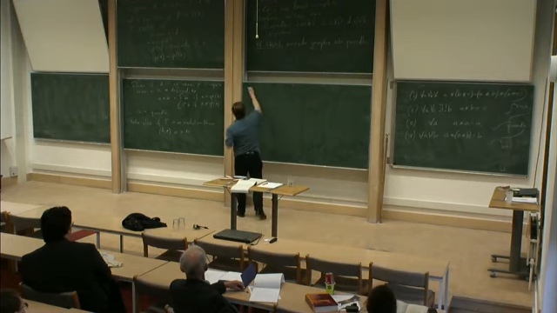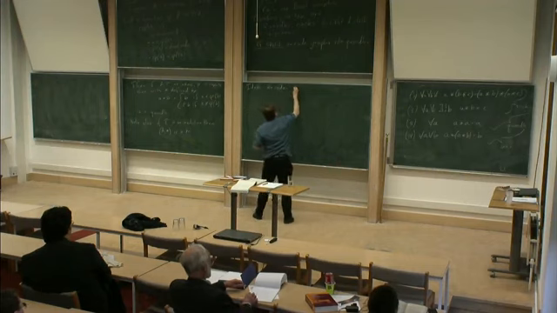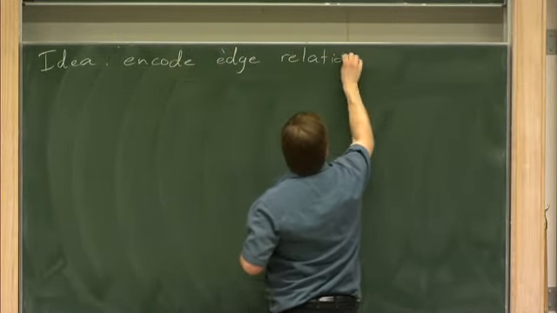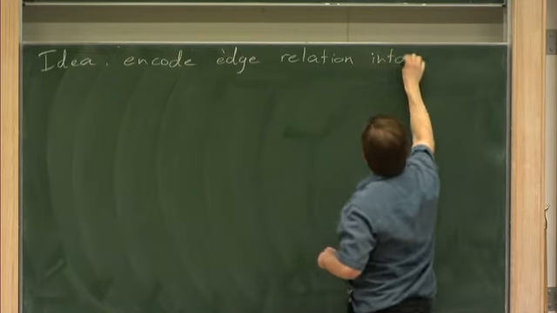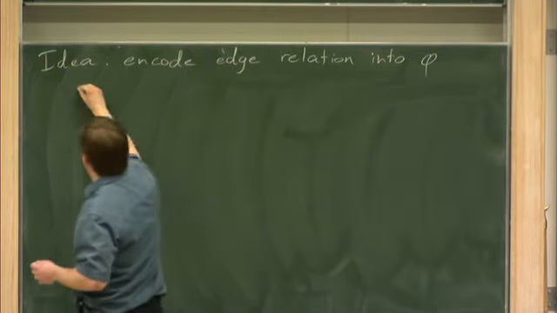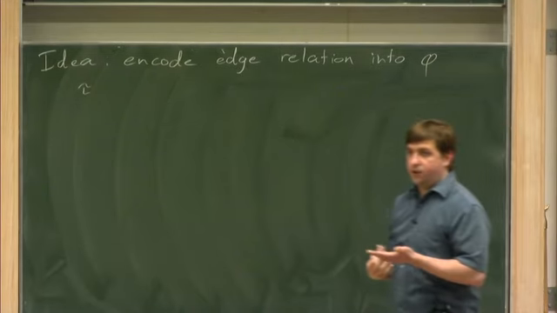So the idea is encode the edge relation into phi and just have Tor, just kind of tautological. So how's it going to work?